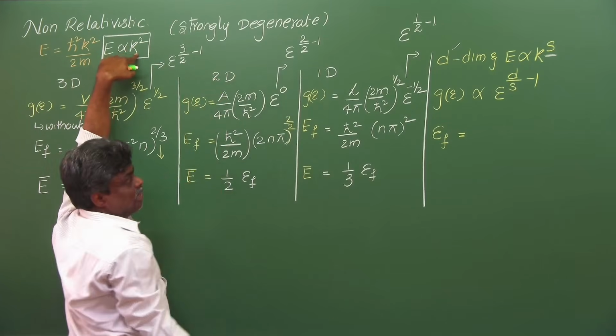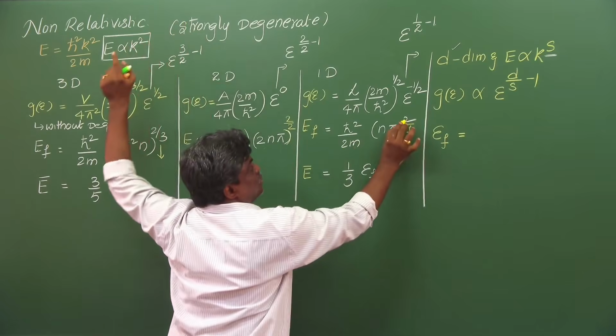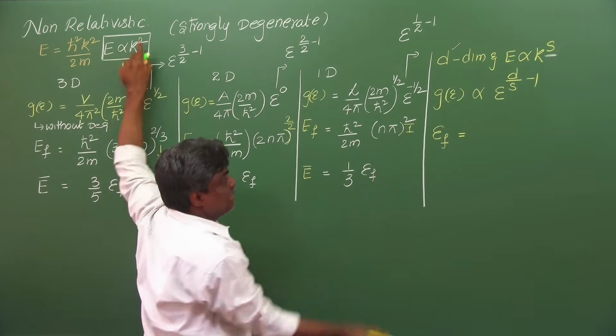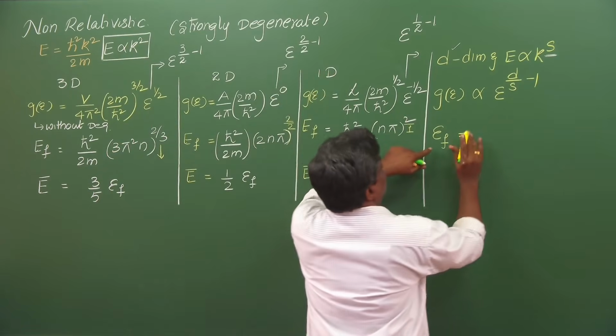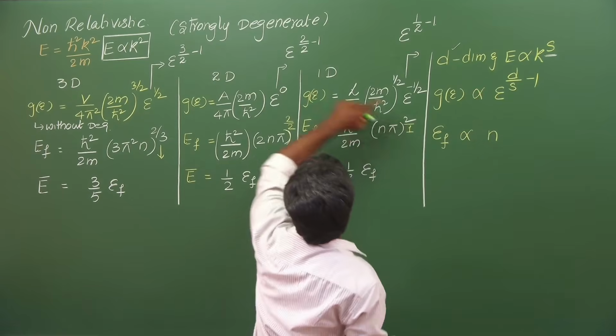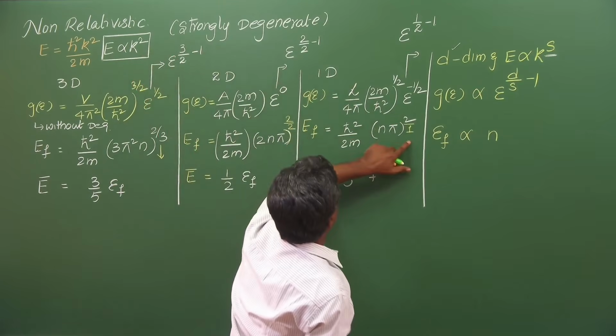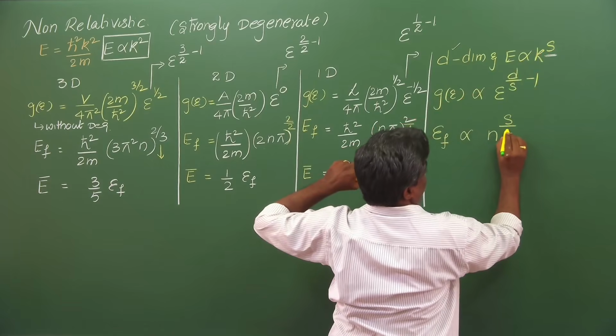Ready? Next again. This 2 can be written as 2 by 1. This again k square, 1 dimension. Now tell me, EF is proportional to n power 2, the power of k, 1 dimension. Power of k? S by?